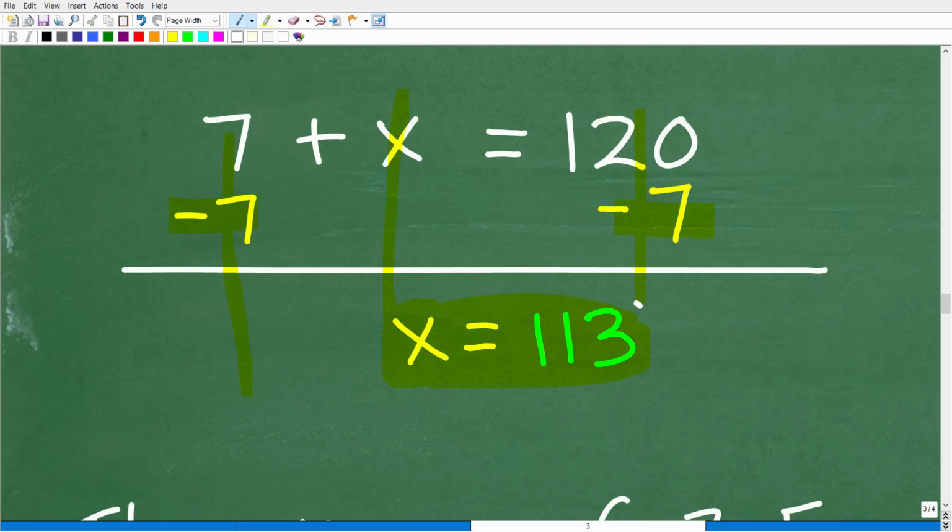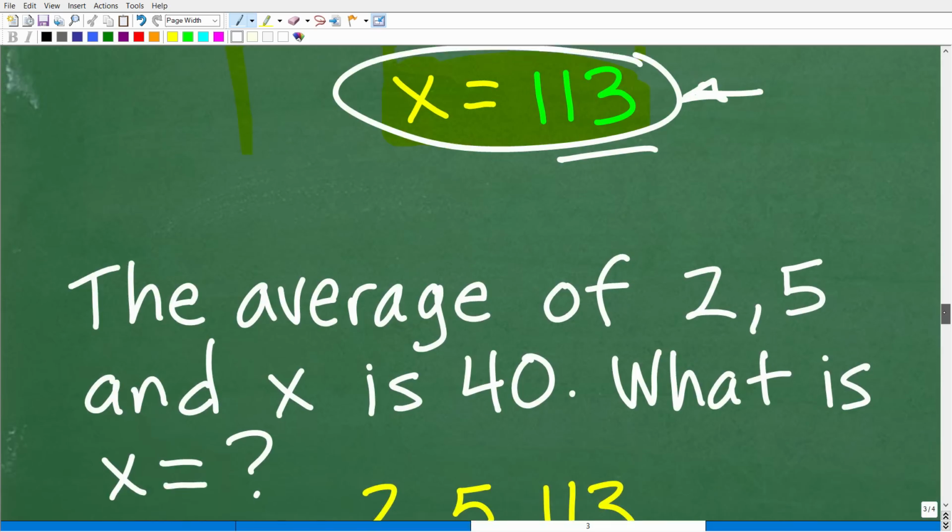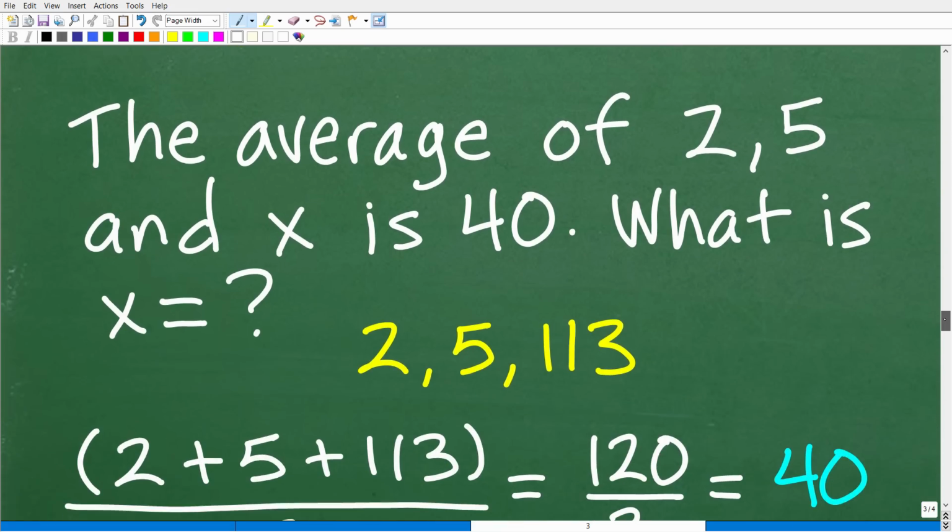Okay, so looking at our answer, 113, it makes sense, right? Remember, we anticipated a bigger number than 2 and 5. We didn't know which number, but this kind of passes the common sense test. And we're like, all right, this makes sense, but how can we be sure about our answer? Well, you can always check your solution back into the original problem.